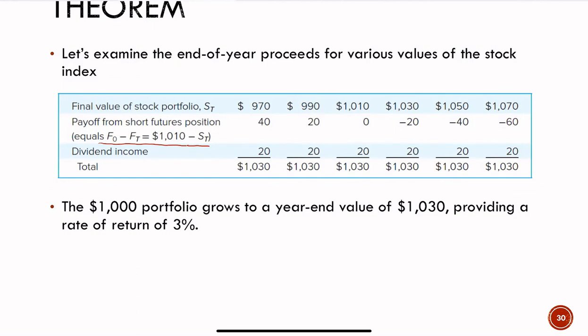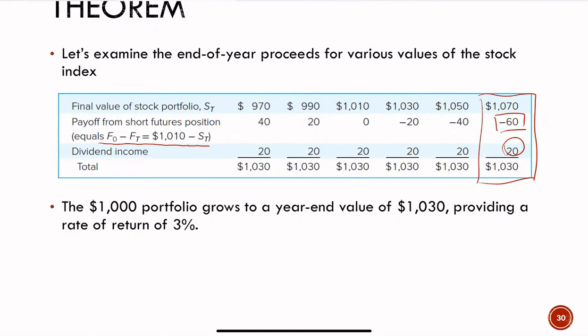Because the formula for calculating a short position's profit on this maturity date is futures price minus the spot price on this delivery date. So you can see that it is 1010 minus 1070. So you will lose $60. Again, $20 dividend. So add up these three numbers together, you will have the same number, $1,030.